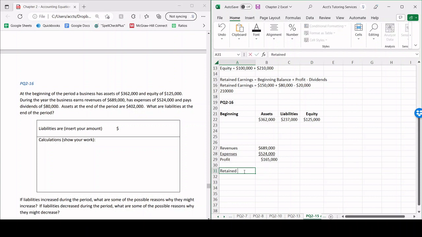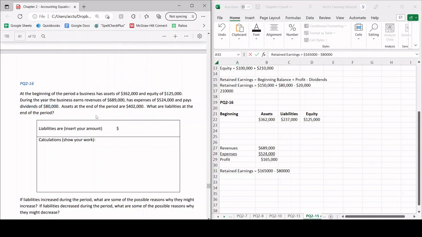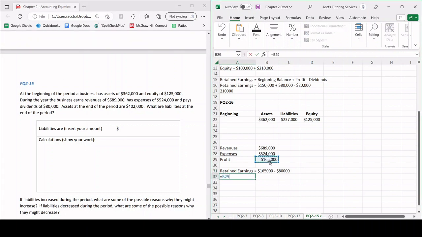The retained earnings is profits, $165,000, subtract dividends, which is $80,000, given to us directly in the question. So now we can calculate ending retained earnings. 165,000 subtract 80,000 is 85,000. So essentially, equity is going to increase by 85,000.